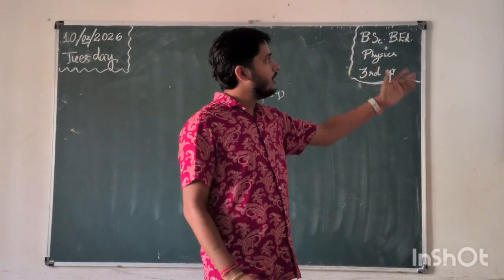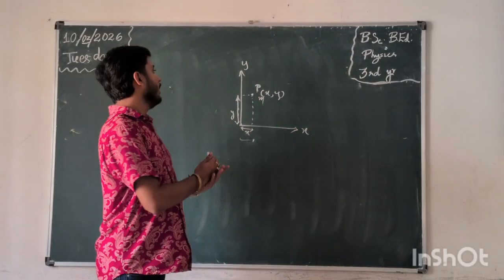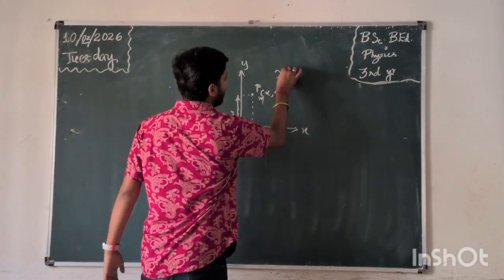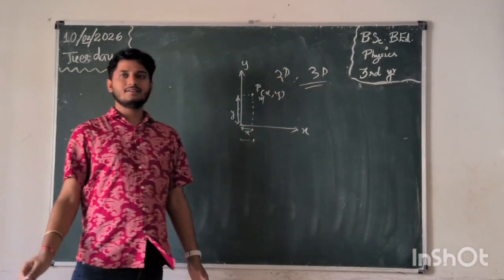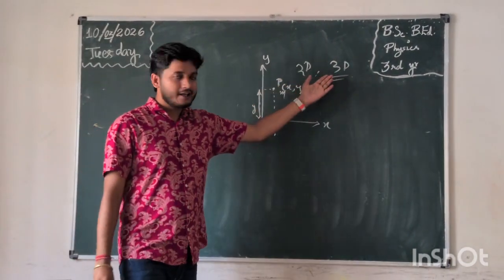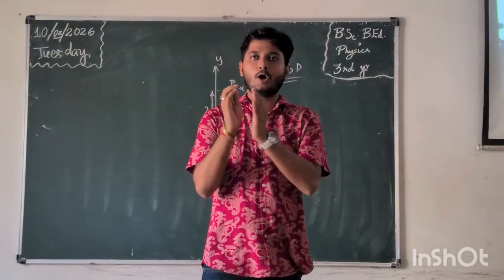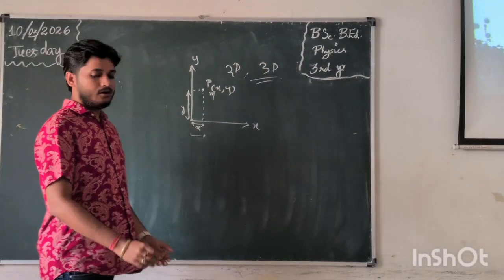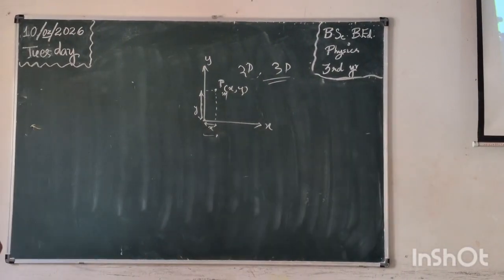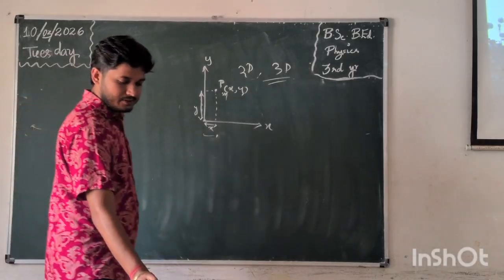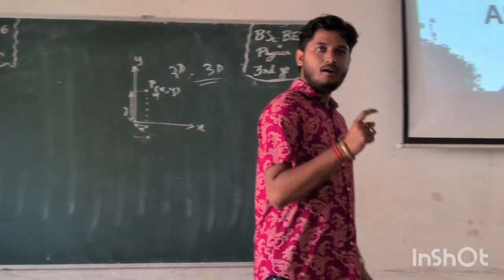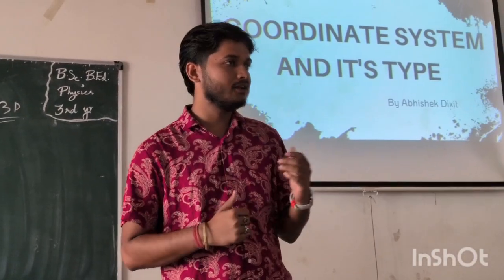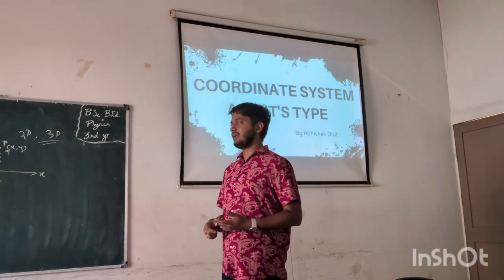We have to discuss coordinate systems not only in 2D but also in 3D. As we are B.Sc students, we are going to discuss how we plot a point in 3D also. We know we have two types of objects: one is macro objects, macro particles, and the other is micro particles.